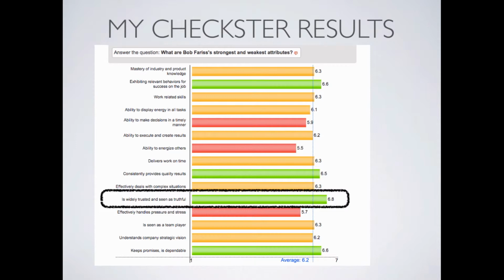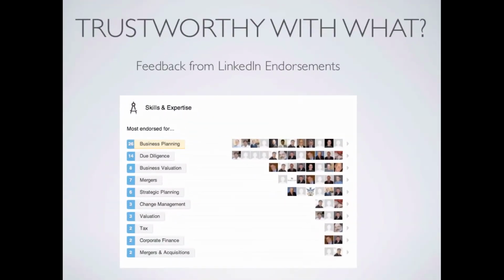Now, since the publication of Business Model U, a new web service, which is very helpful in this regard, came out, and that is the use of endorsements at LinkedIn. Okay, if you have a LinkedIn account, you can have this section in your profile which shows how other people have endorsed you.